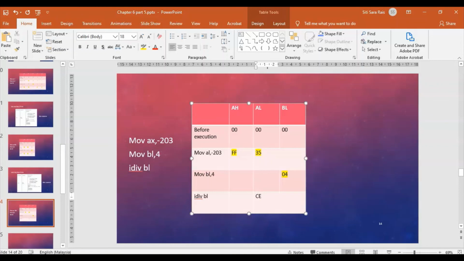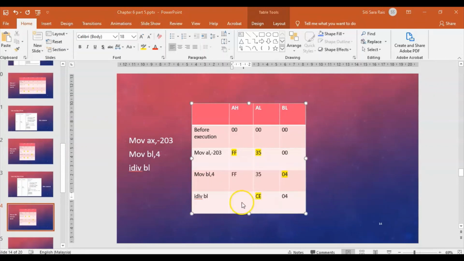For the remainder, because this is a negative number, the remainder is supposed to be negative also.